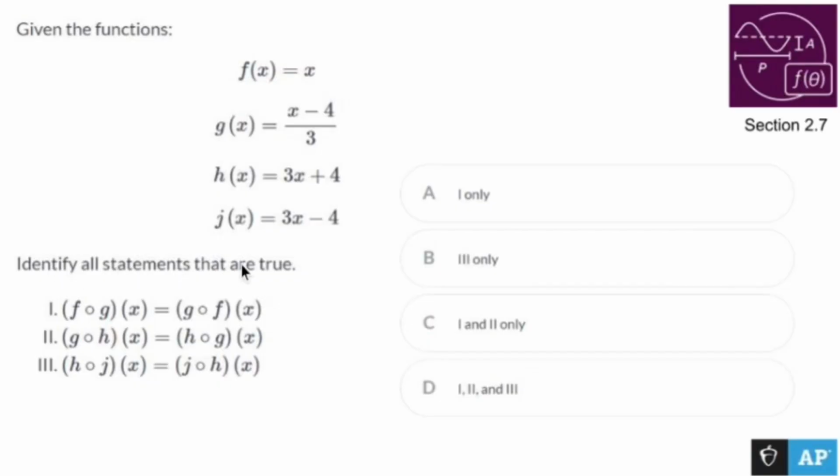Identify all statements that are true. All right, f of g of x. Let's find f of g of x. This is going to take us a minute. F of g of x means I take f, and for every x that I have, replace it with g. So just take that x and write out g. Okay, I can handle that. G of f is you're going to take g, which is this, and replace every x with f, so they're the same.